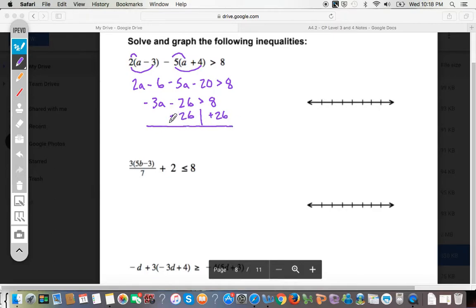Negative 26 plus 26, that cancels. So I'm left with negative 3a on this side is greater than 8 plus 26. 8 plus 26, that'll be 34.